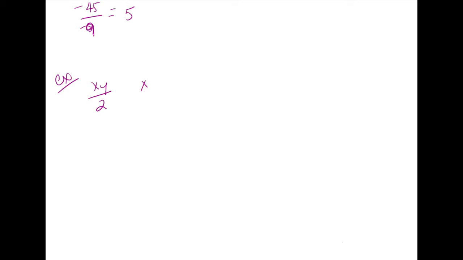So let's do x times y divided by 2, where x equals -4 and y equals -3. Remember, when we evaluate, we're going to make the replacement. Wherever I see an x, I'm going to put -4, and I'm going to put that in parentheses.